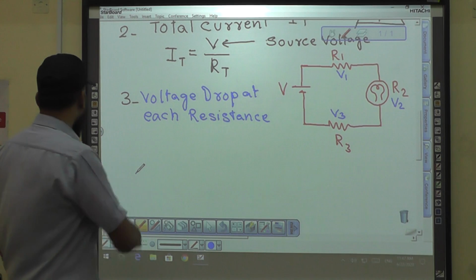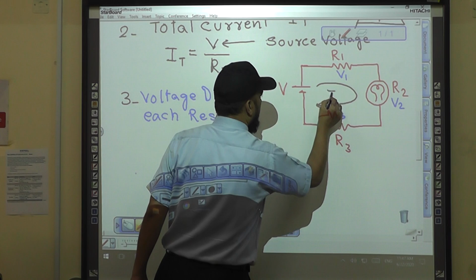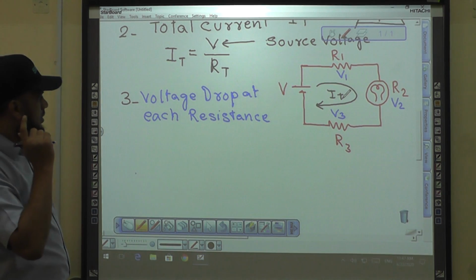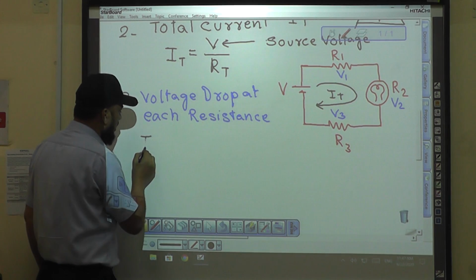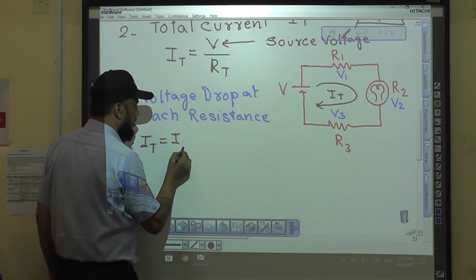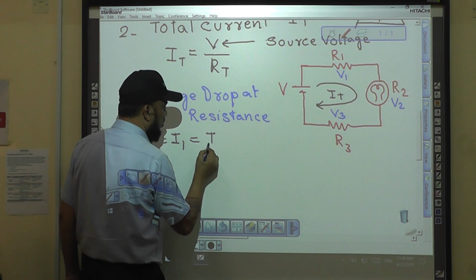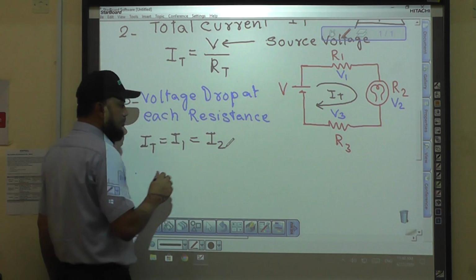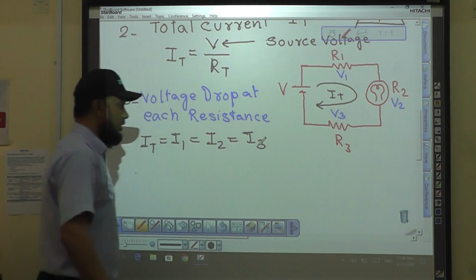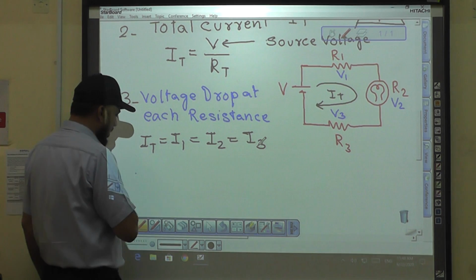And we know that the current through series resistances is equal for each resistance. That means the total current I total equals the current through R1, I1, equals the current through R2, the lamp, equals the current through R3. All currents are equal. Now we will calculate one by one.